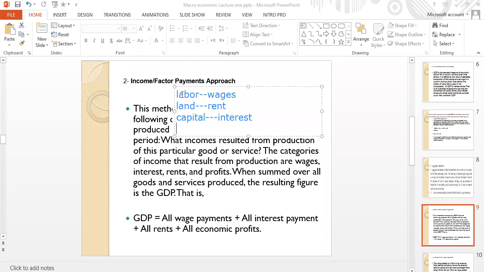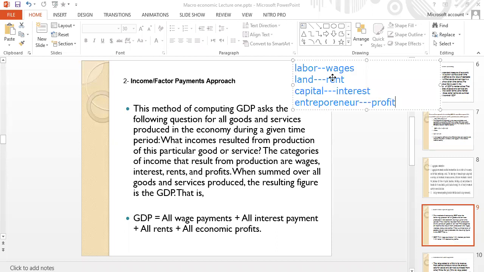And for the last factor of production, entrepreneurship, we pay profit. So we have four factors of production, and we have the income approach for them. In the income approach, we use these incomes to pay for goods and services produced in a country in a given year.